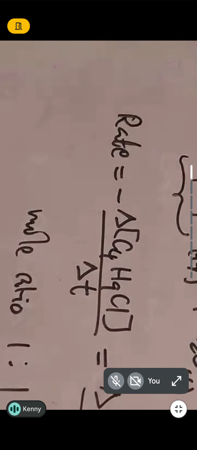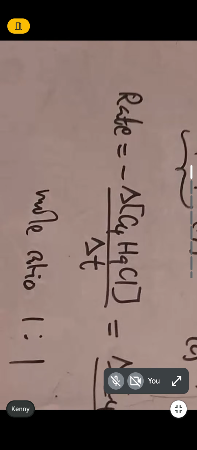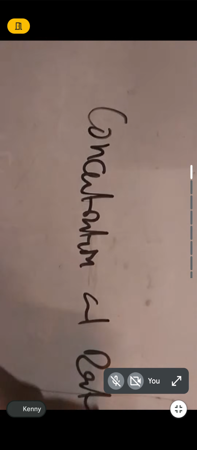Okay, so now let's look at rate laws. Before we go to rate laws, let's look at concentration and rate.